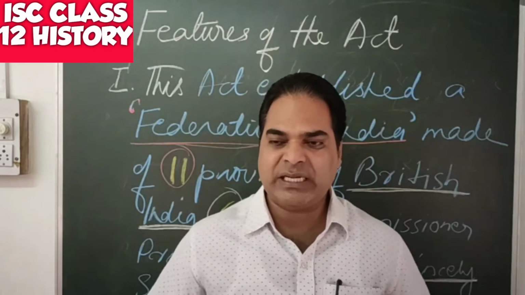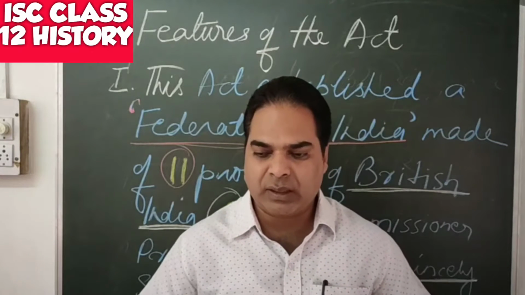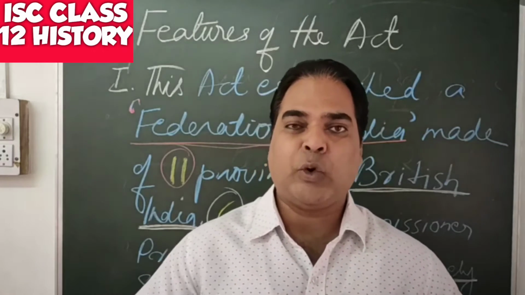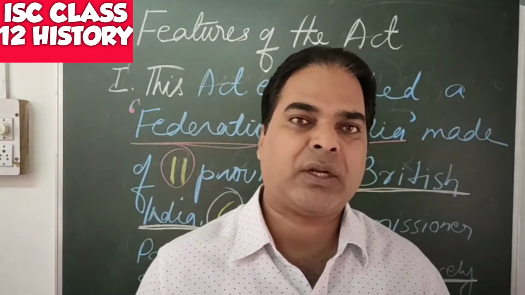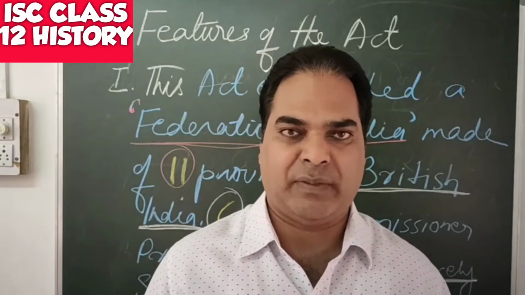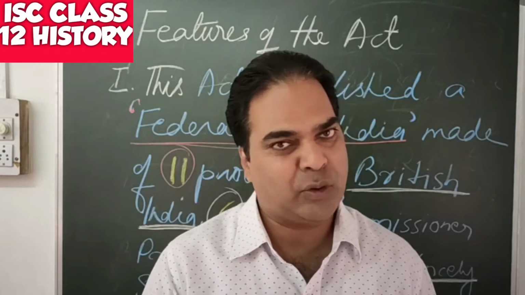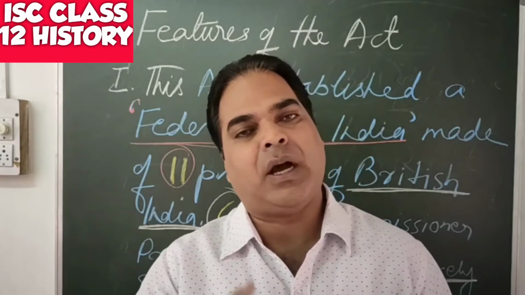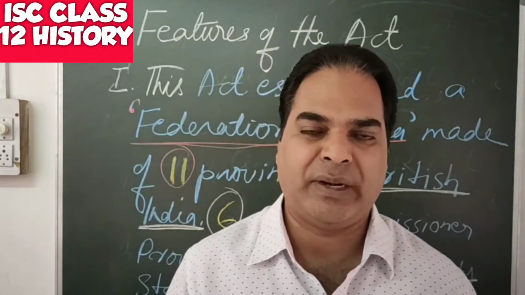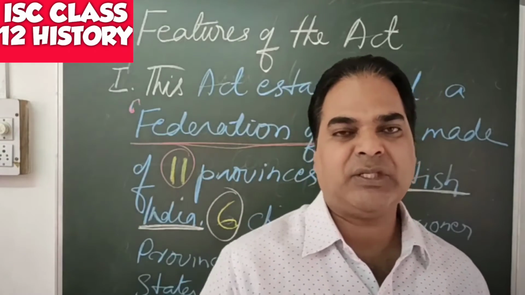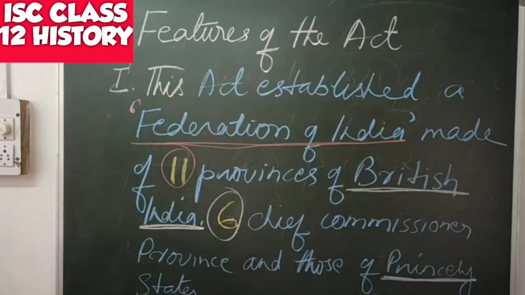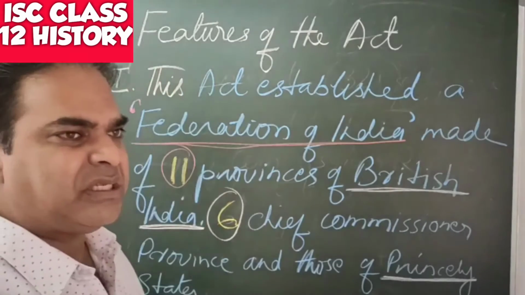That means these states, ruled by the princes, were controlled by the British government. The entire administration of the princely states was looked after by the princes, but under the guidance of the British government. So they were under the British authority.